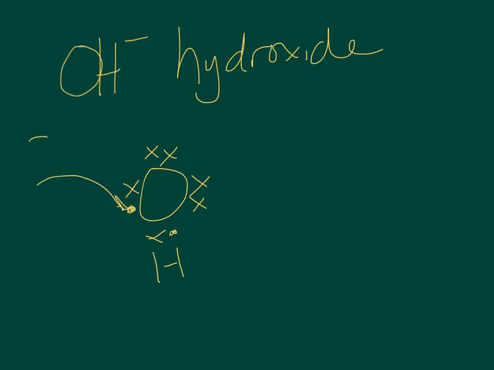That electron is coming from something else, and that is where this idea of the negative charge comes from, because it's picking up an extra electron that neither of these two atoms, either the oxygen or the hydrogen, has. So that's why it works together as a unit. All of this is going to work as a group. So what we need to remember when we put these into compounds is that it is a group and we have to treat it as a unit.